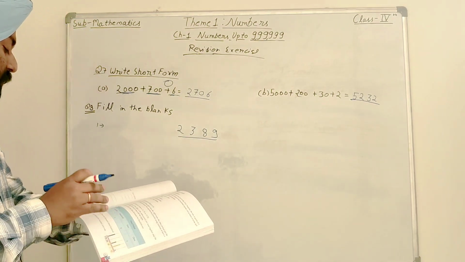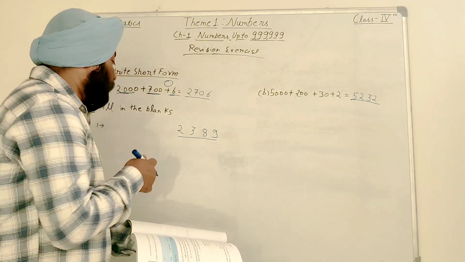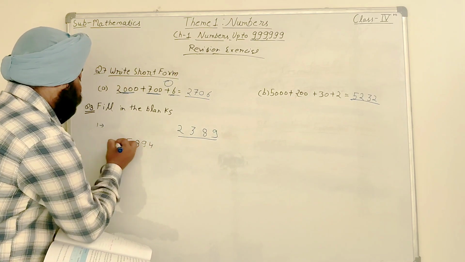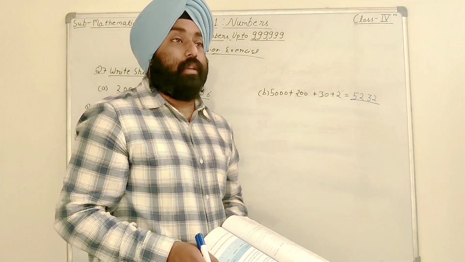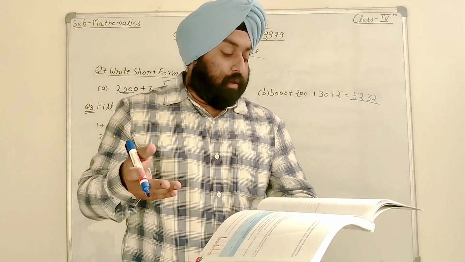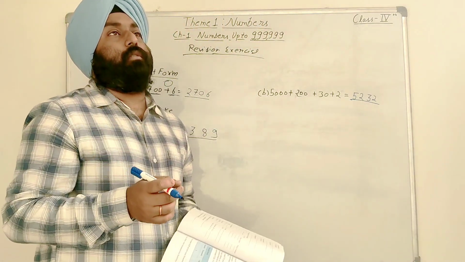Next question is predecessor of 5894. What is the meaning of predecessor? Predecessor means previous. Like we have to go backwards by 1.